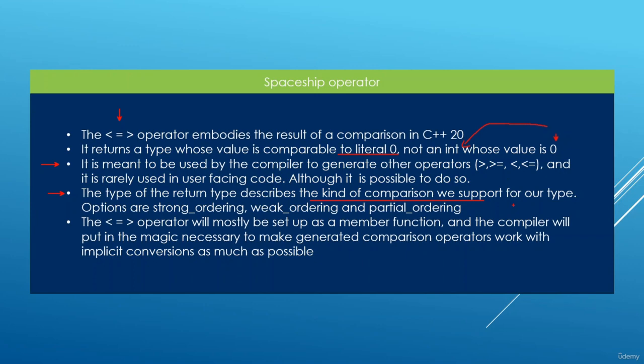And we can mean that our comparison may support incomparable values using partial ordering, and that's really cool. Okay, so when we get to set up our own three-way comparison, we're going to see that it's mostly set up as a member function, but there are special cases where you may use it as a non-member function, and we're going to have a chance to learn about that in a few lectures ahead.